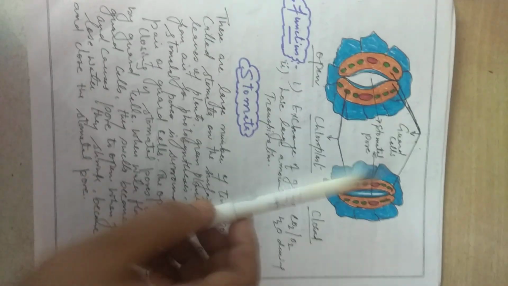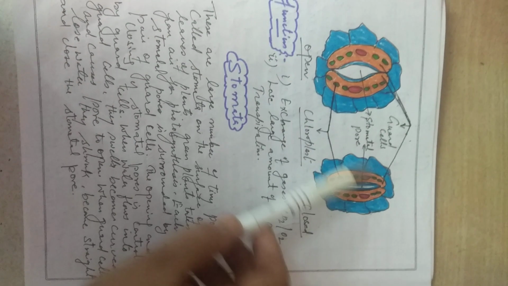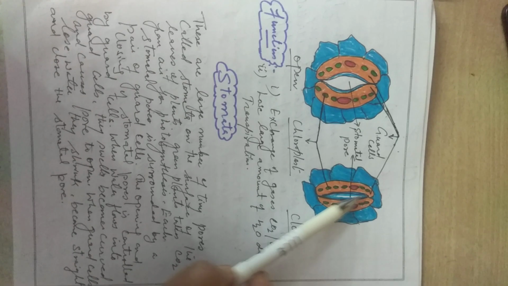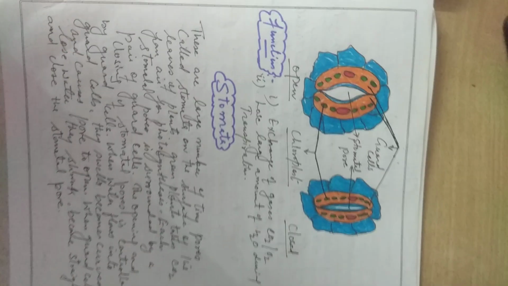And when the guard cell loses water, it shrinks and becomes a straight line and causes the closing of the stomata.